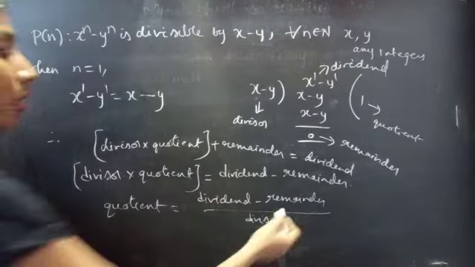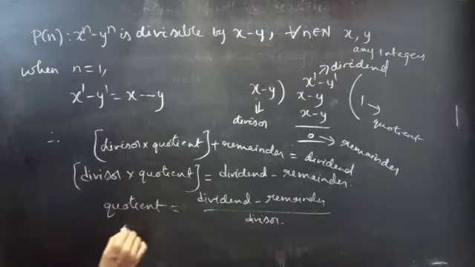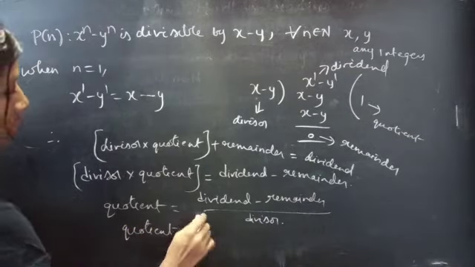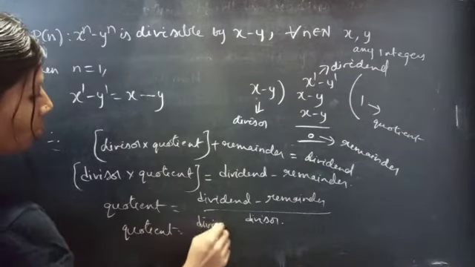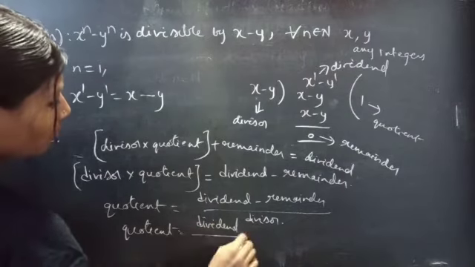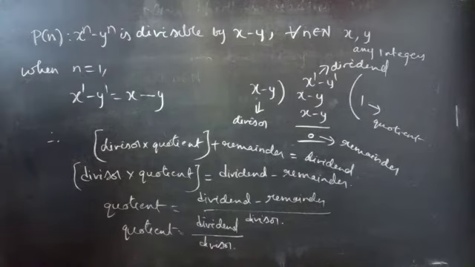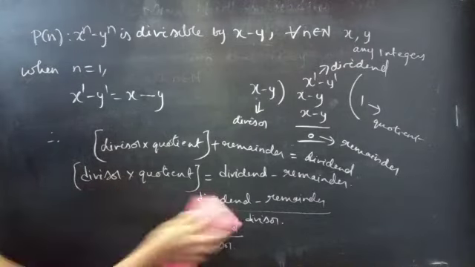If the remainder is 0, then we'll get quotient equals to dividend by divisor. Just keep this in mind.